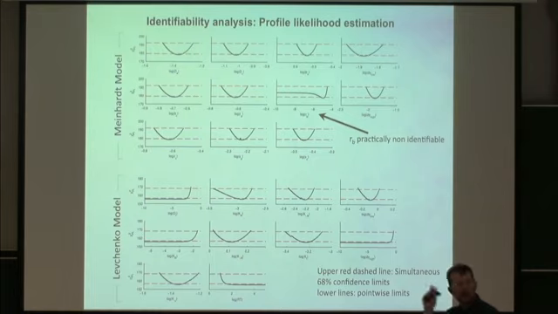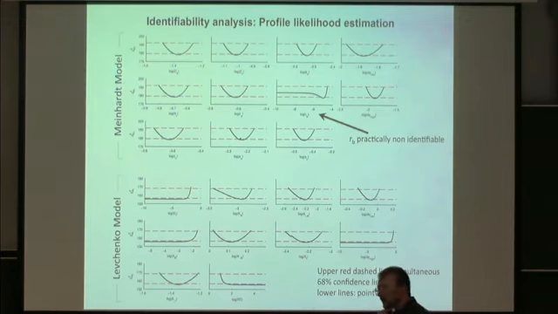Now if you look at the individual parameters, well, one question is, how do you obtain a unique solution? Okay, so how identifiable is your problem? So what we did is, we used a very simple profile likelihood estimation approach, where we plot for each of these parameters the goodness of fit, so the chi-square value for each model when we vary the parameter.